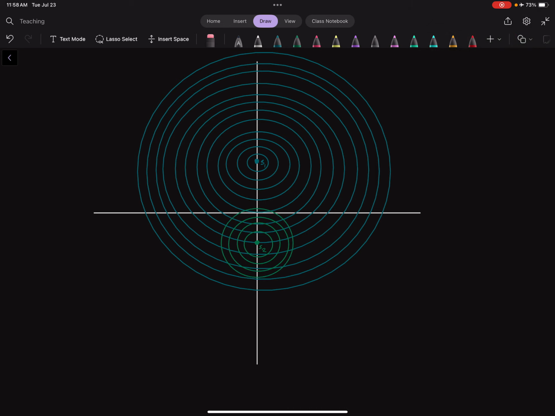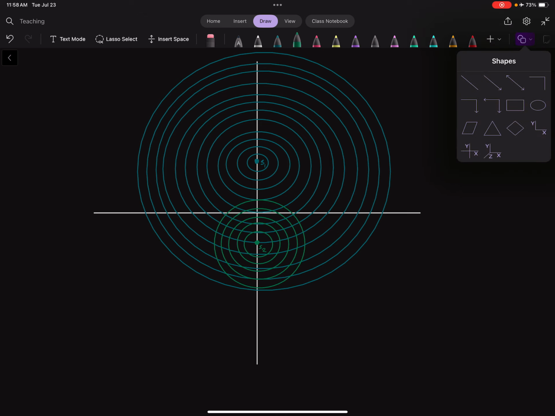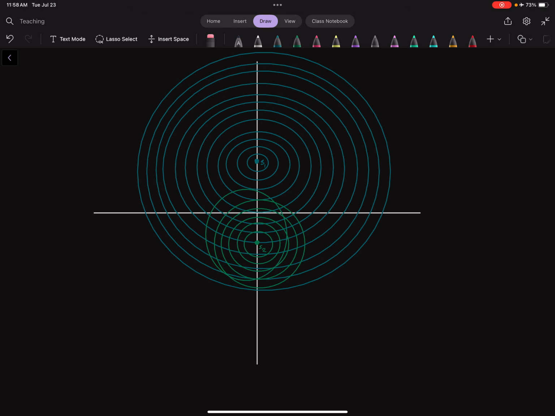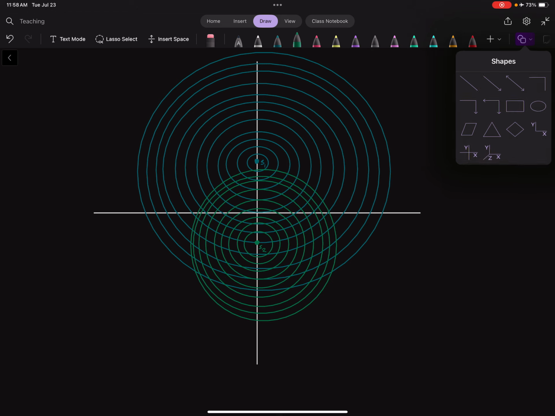We start to see locations of overlap of these rings, which are representative of displacements. I'm not doing this one nearly as well.